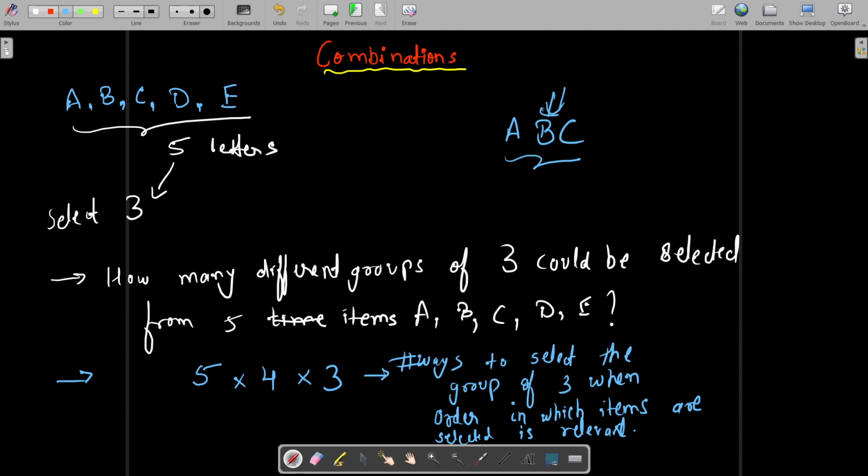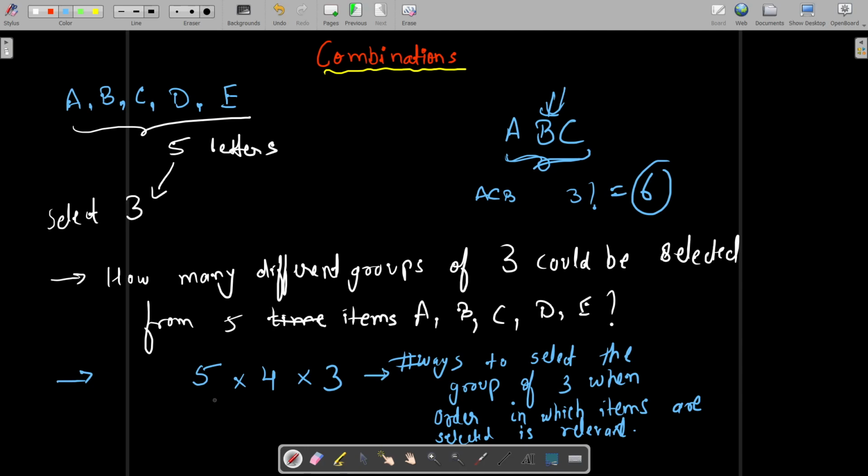For this particular group A, B, C, there will be internal permutations as well, right? Like A, C, B, and we know how many will be because there are three, so it will be 3 factorial equal to 6, right? So for every group of 3, this will be counted 6 times.